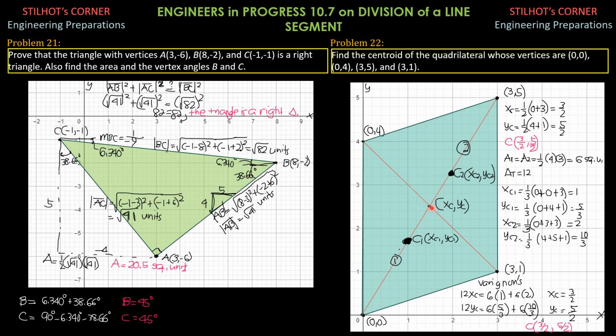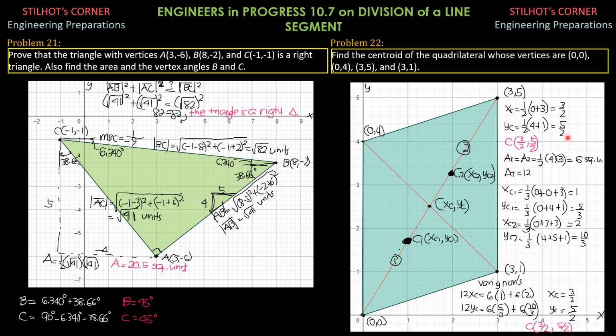The midpoint of the diagonals of this parallelogram is also the centroid of the entire parallelogram. Then 1/2 of 4 plus 1 is 5/2.